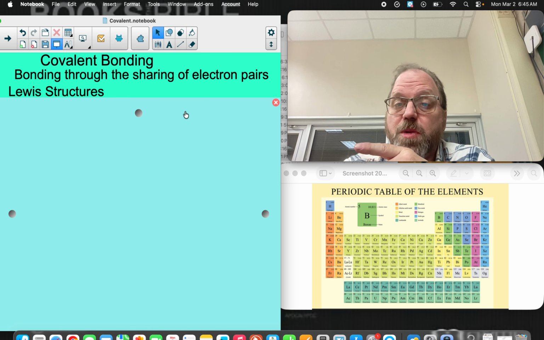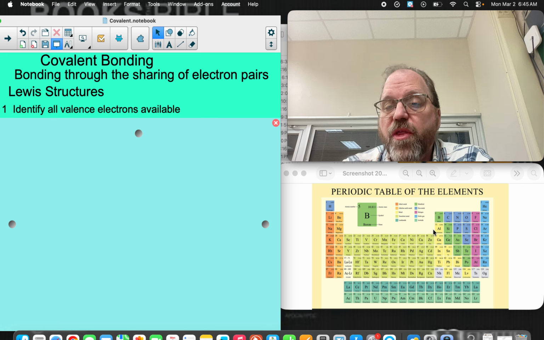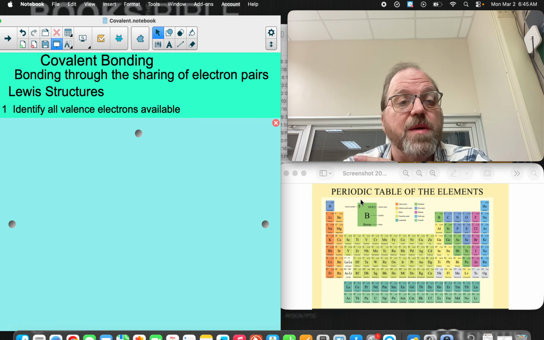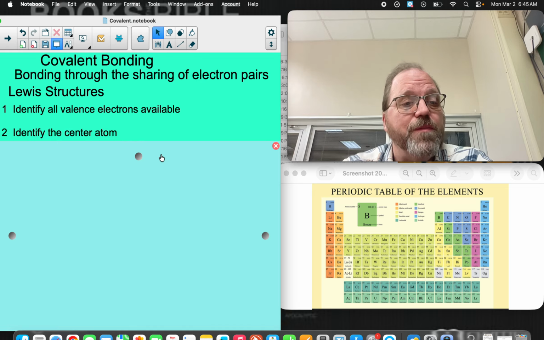Now there's specific steps we go through to do Lewis structure. First thing we do, identify all valence electrons. Remember that off the periodic chart: 1, 2, 3, 4, 5, 6, 7, and because they're all non-metal, covalent, it's coming on this side of the chart. Identify the center atom, that's the one that's least of.